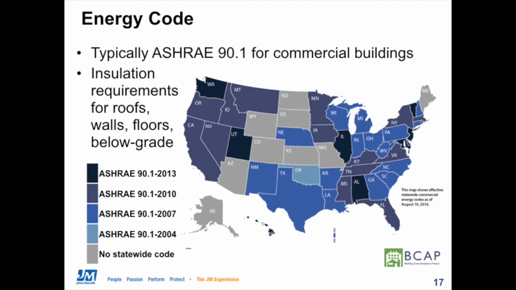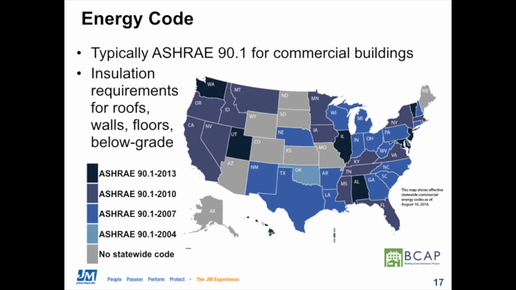The map on the slide, though, shows the most recent view of code adoption across the United States, focusing here on the ASHRAE 90.1 code, seeing as we're talking about commercial buildings. As we can see, code adoption varies widely from states adopting the most recent version of the codes to many states not adopting a statewide code at all.